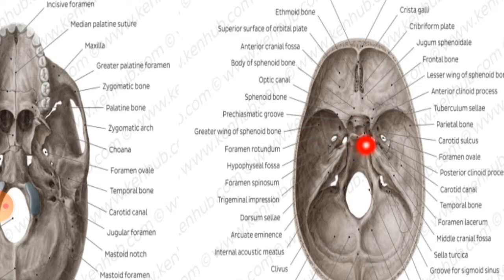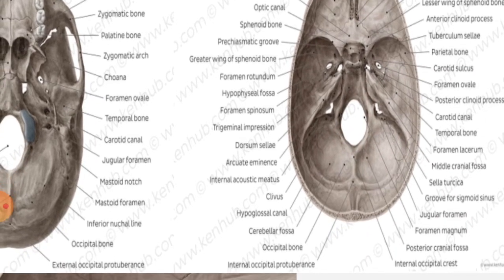This is also called the hypophyseal fossa or the sella turcica. This part over here is called the posterior cranial fossa, and this is formed by the occipital bone. Here is a very large hole which is called the foramen magnum, and through this your spinal cord or the brain stem passes, and also the vertebral arteries.